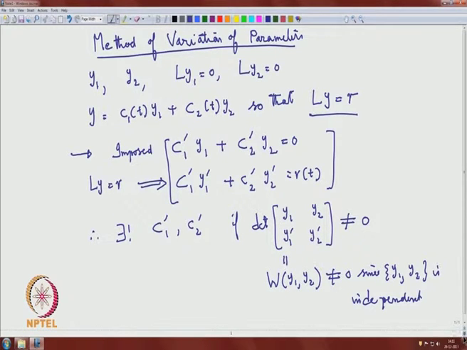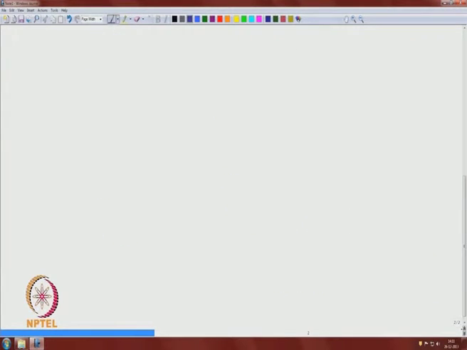In fact, you can write down the solutions quickly. You can solve it, it is a linear system with two unknowns. So, let me write down C 1 prime. You will get C 1 prime is equal to R y 2 by W y 1 y 2, and C 2 prime equal to R y 1 by W y 1 y 2.